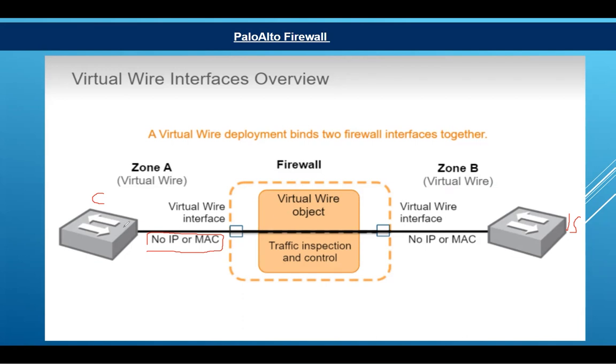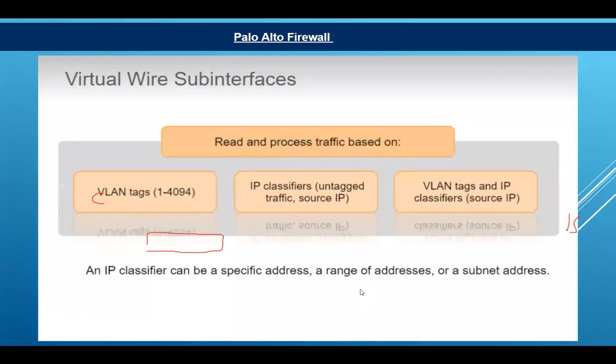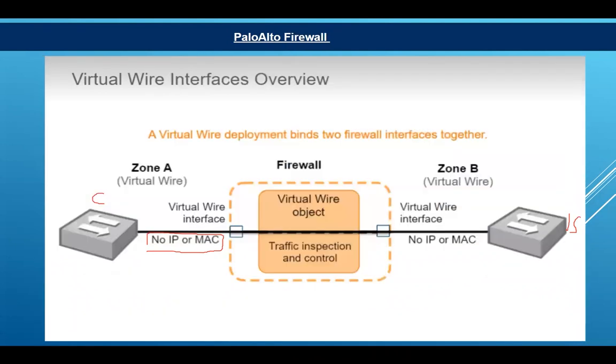So transparent, guys, here we are not going to configure an IP address, no MAC address, nothing is there. So simply this one is working as a transparent firewall. Okay. In this mode, guys, we can filter all the traffic on layer 3 base, layer 4 base, and layer 7 base.